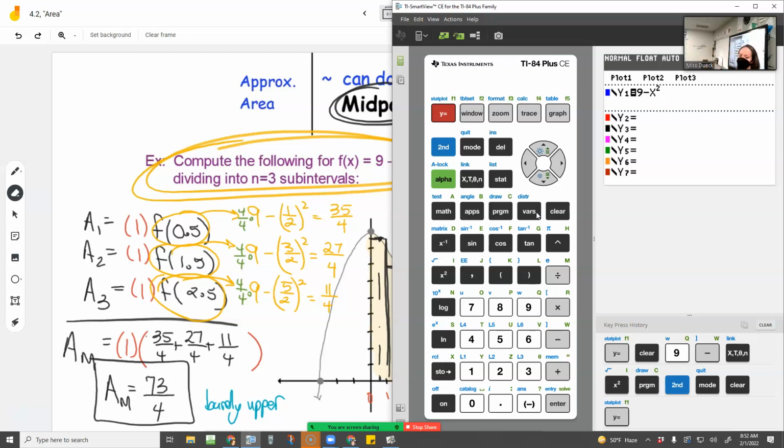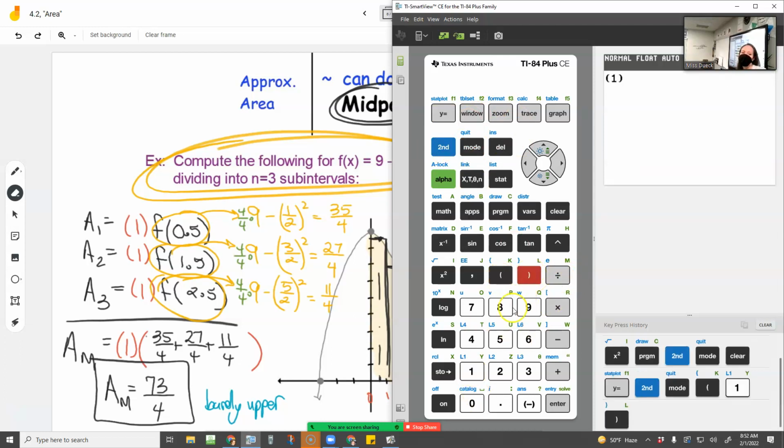But let's just say they've turned these into non-calculator problems. But for homework, etc. Okay, ready? Remember, there's an n equals 8. What does that mean? 8 rectangles. Blech. On homework. So check it. Couldn't we do these calculations by saying, since they're evenly spaced, there's my GCF of 1, right?